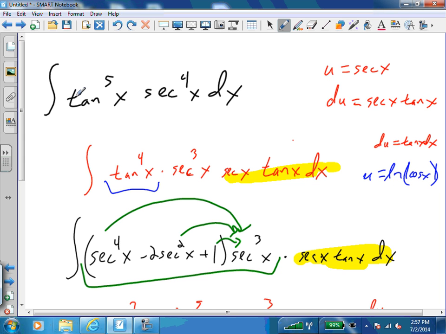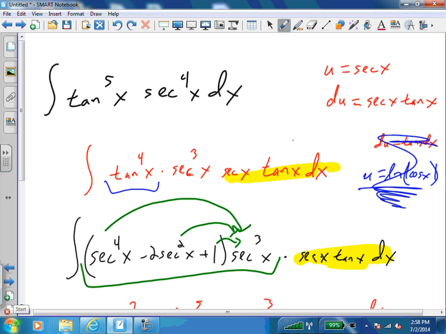A lot of it is going to be just knowing these patterns, the patterns from 527 and the patterns from 524.